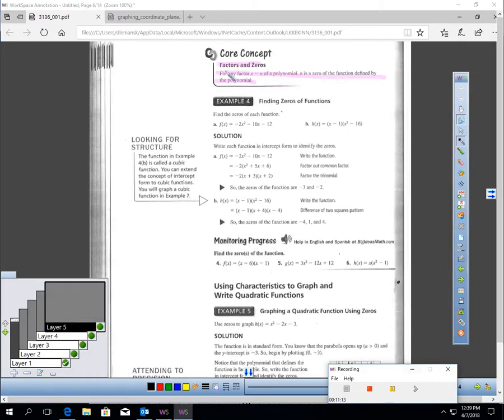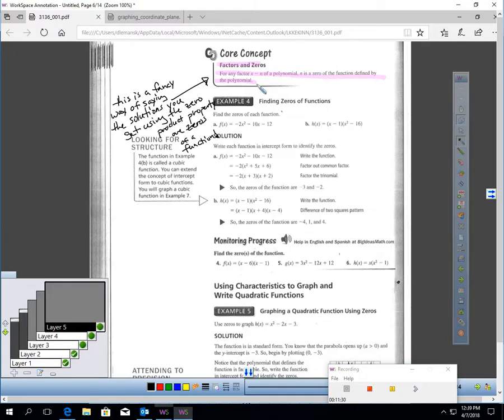Another core concept, factors and zeros. For any factor x minus n of a polynomial, n is a zero of the function defined by the polynomial. Now, as the math teacher, as I read that, that sounds confusing. This is all it's trying to tell you. This is a fancy or technical way of saying the solutions you get using the zero product property are zeros of a function.